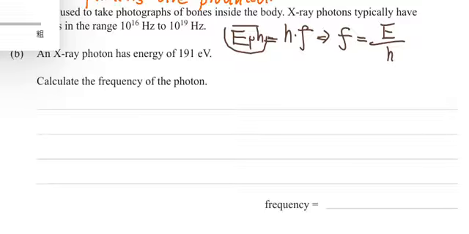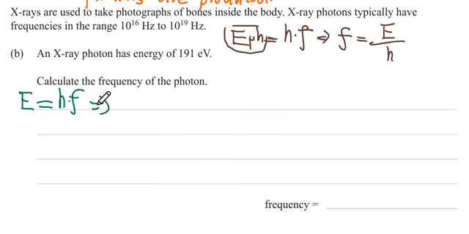So yeah, and let me use another color to put on the lines here. Now we have E equal to h times f, so f is going to be equal to E over h, and then we write some numbers in, and then we use our calculator. So E is 199.